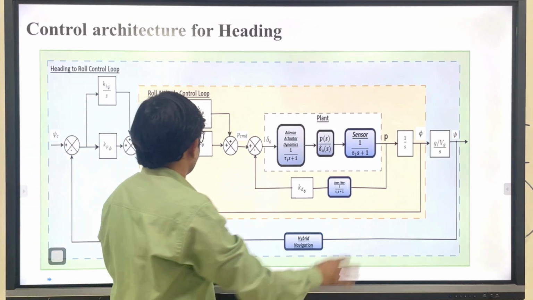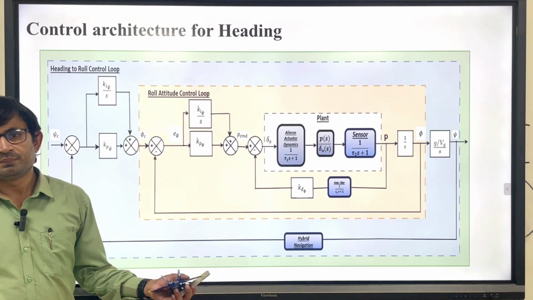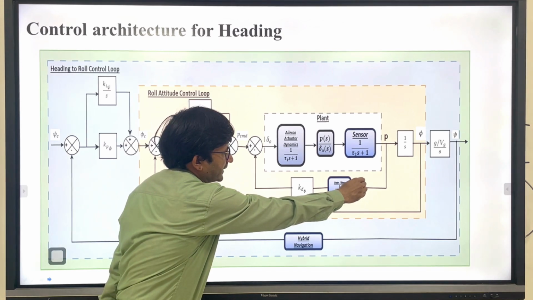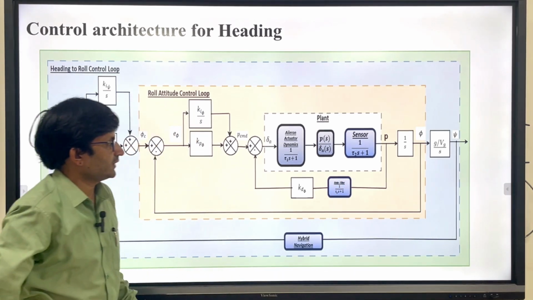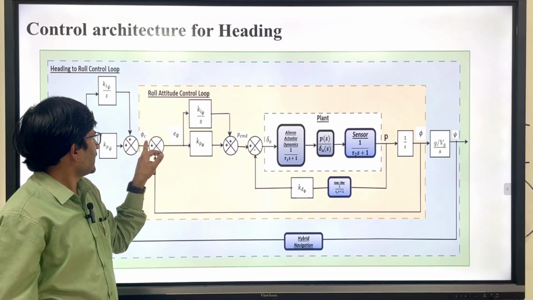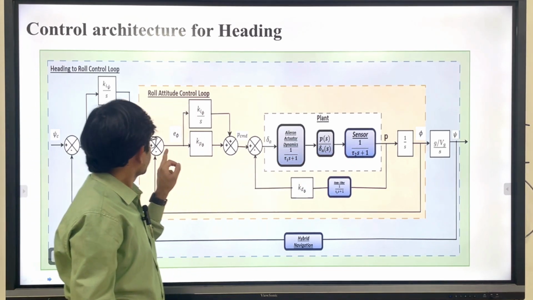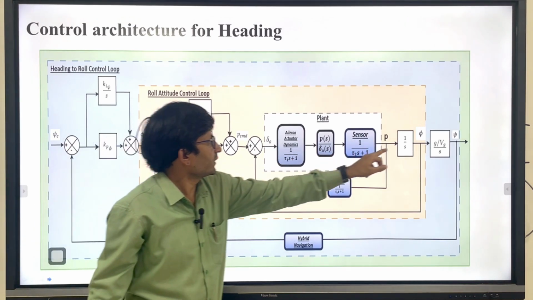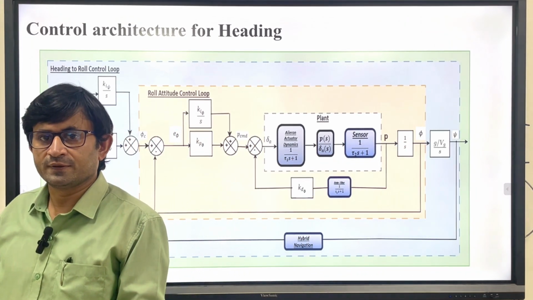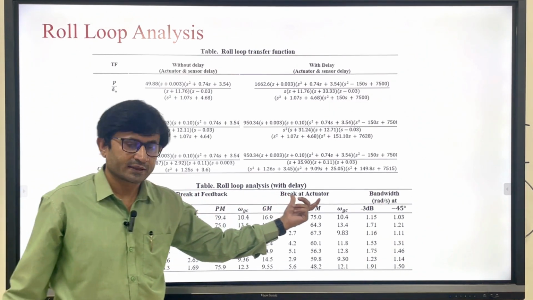Forget about all the other loops and consider only this; that is called break at actuator. You make a cut here. Break at feedback means you close this loop and make a cut here, so without any feedback of phi, you give some phi and get phi. That is how I have written break at feedback and break at actuator.